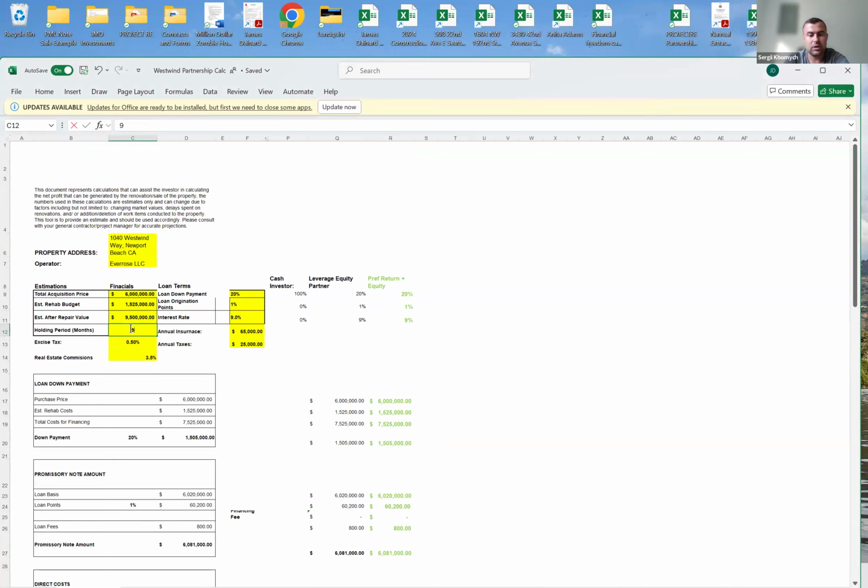Well, I have one in Seattle, split level. Purchase price was 805, and ARV 1 to 50. What do you think your rehab is? Rehab is 150. And how long do you think that's going to take, start to finish?